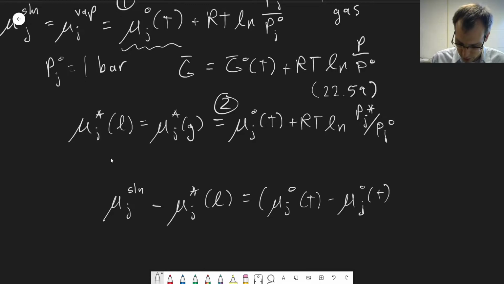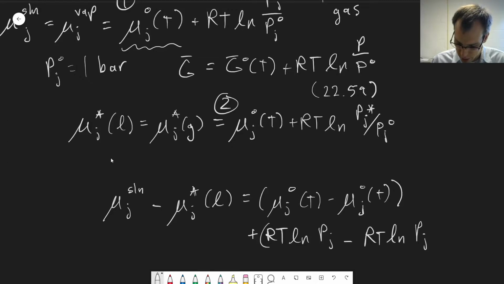So those two terms will cancel out. And then we'll have the second term plus RT log Pj minus RT log Pj star. And the P naughts have canceled out as well. I didn't explicitly write those out, but we'll have a minus P naught term for each of those, and both of those will cancel each other out. And so that also lets us get rid of the standard pressure as part of all this.